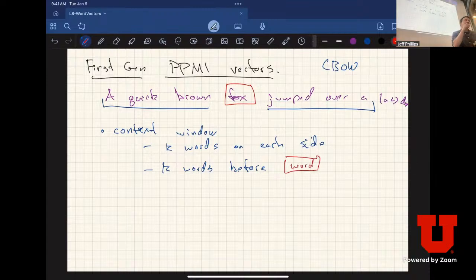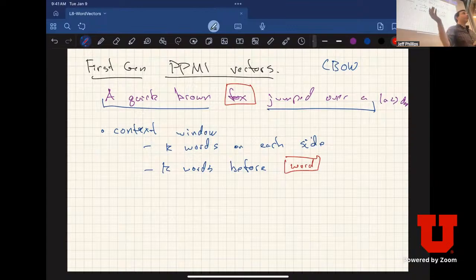Okay, so either I would look at both sides, and usually this was the initial model of doing it, and then there was also when I just look at the words before. Sometimes you don't want to know what comes afterwards, and this is useful in generating language.